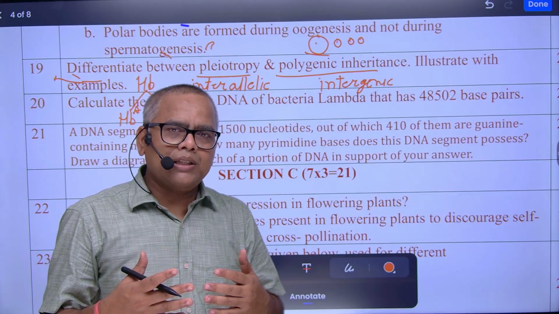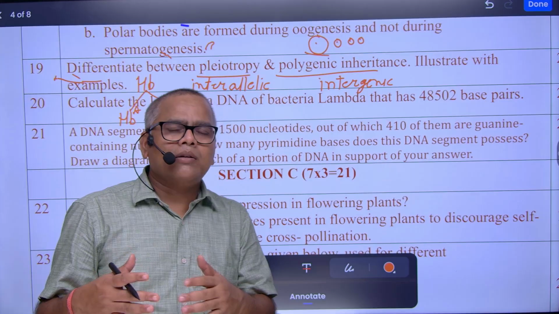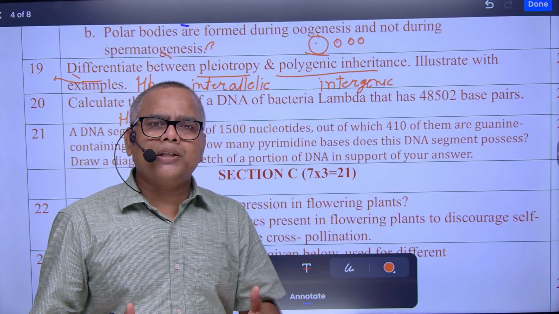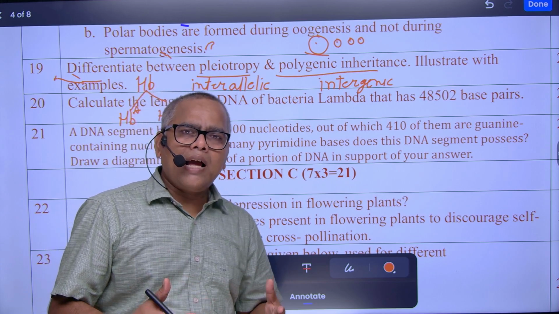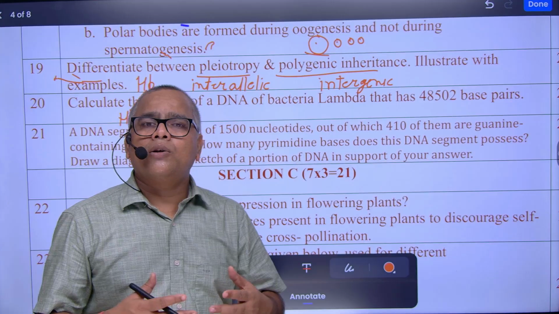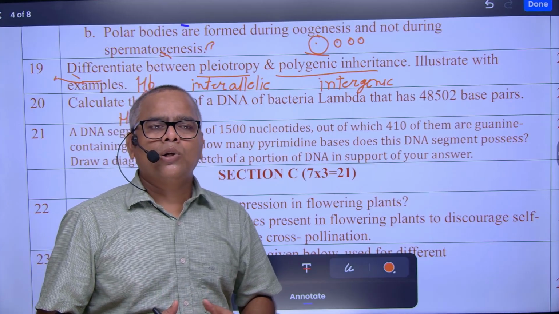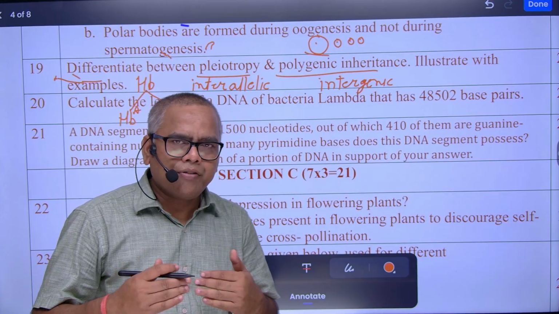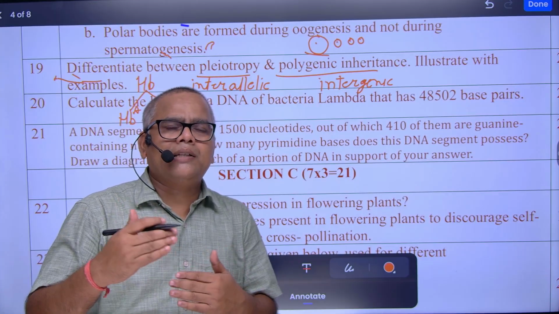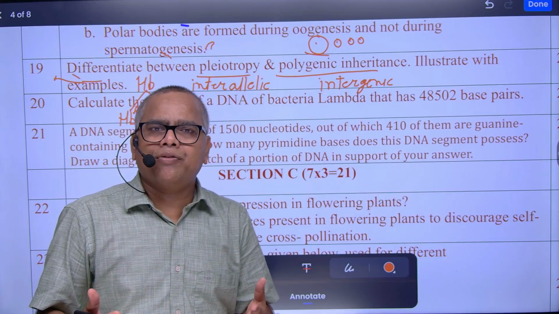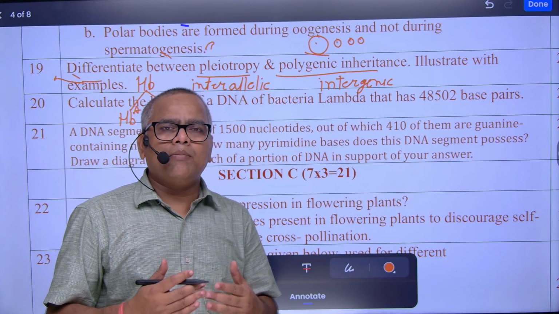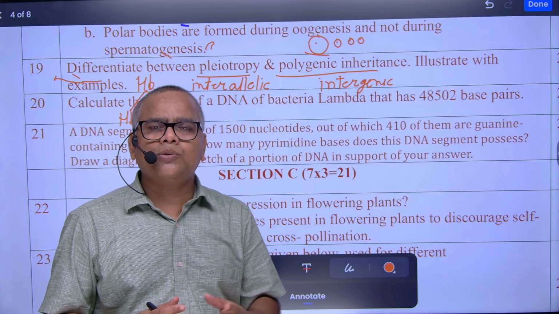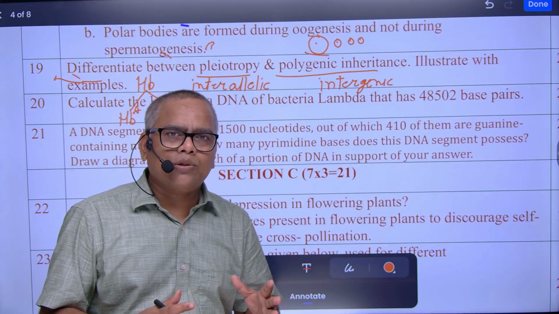Again, there is one more condition, neither having sickle cell anemia nor having malaria. So in that African population, we are finding the inheritance of this multiple effect. But in terms of the number of genes and alleles, there is just one gene having just two alleles. So that is the case of pleiotropy.